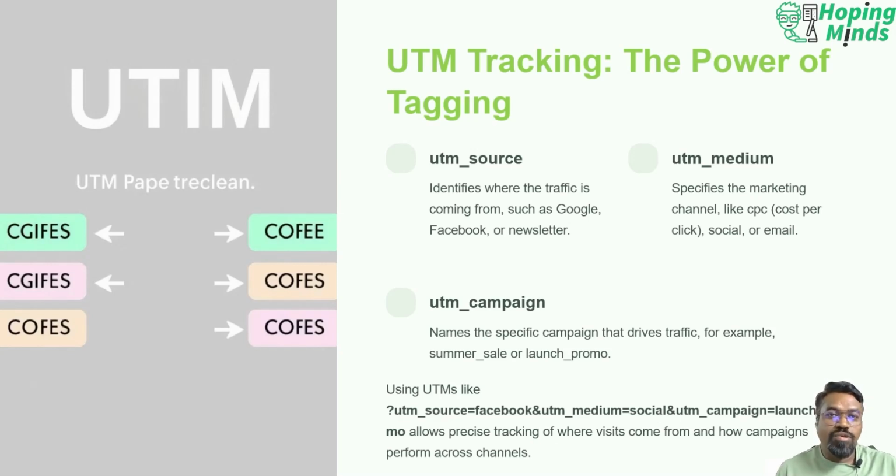UTM codes can contain up to 5 parameters: campaign, source, medium, content, and term, right? We need to understand what the UTM parameters are, but before that, we need to understand the benefits of having UTM.